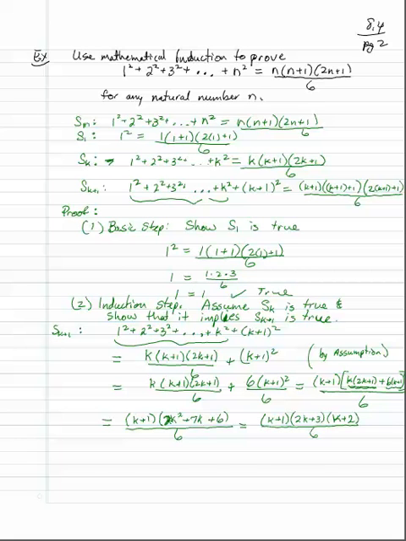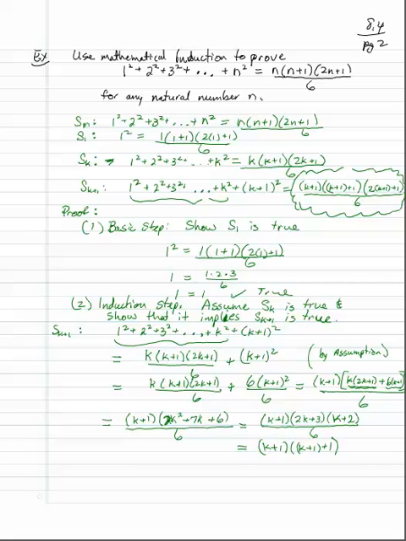Over 6. Now remember, look above at our statement S sub k plus 1 that we wrote above. This is what we're going for. So we got the k plus 1. K plus 2 is that middle term, so we're just going to rewrite the k plus 2 first. So we got k plus 1, k plus 2, which is the same thing as k plus 1 plus 1.